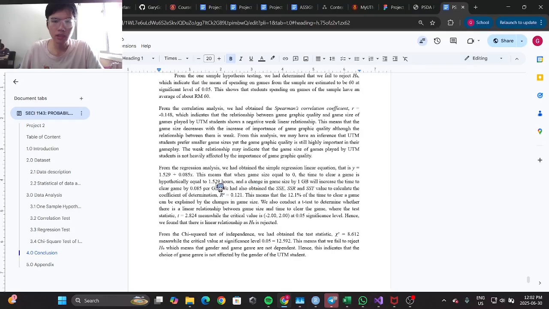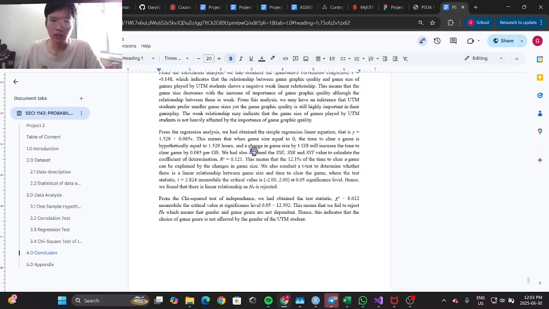Then for regression, we obtained the simple linear regression equation, which is y equals 1.529 plus 0.085x. This means that hypothetically, if the game size is 0 GB, which is impossible, the time to clear the game is about 1.529, and if the game size increases by 1 GB, it will add 0.085.